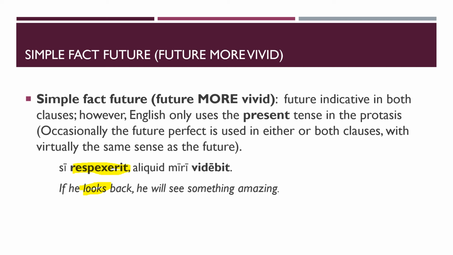Or unless you look back, I would probably add in a negative, like nisi respexeret aliquid miri non videbit. Unless you look back, you will not see something amazing. So nisi can mean unless or except, and it shows the opposite or the negative of that.